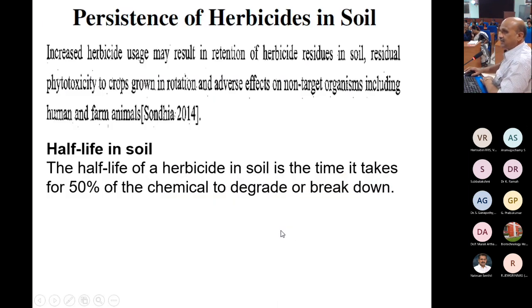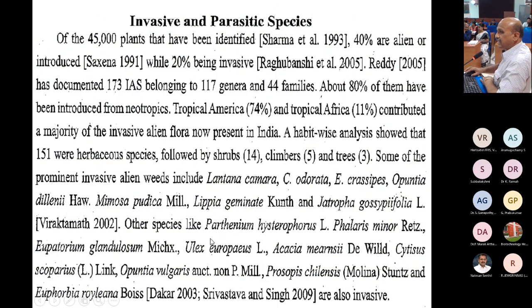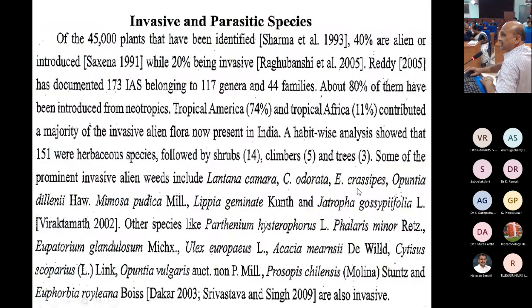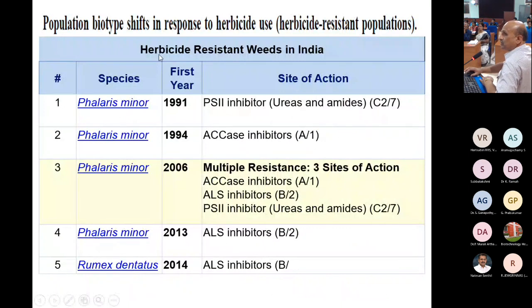In order to control weeds, since 1947, weeds have been controlled by using herbicides. Some weeds started developing resistance towards the herbicides.